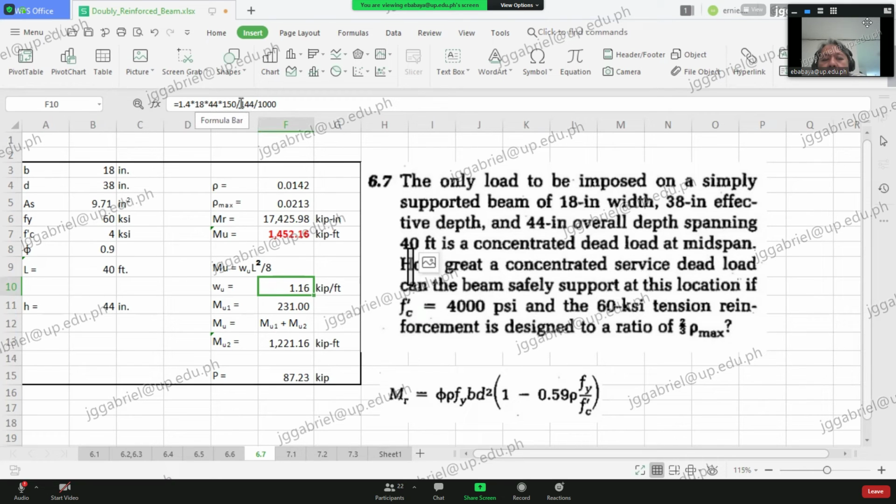So, yung sa denominator mo is 144. 12 times 12. Okay, and then divided by 1,000. 1,000 is the conversion from pounds to kilopounds. So effectively, your WU is 1.16 kip per foot. Kilopounds per foot na tayo. Okay?